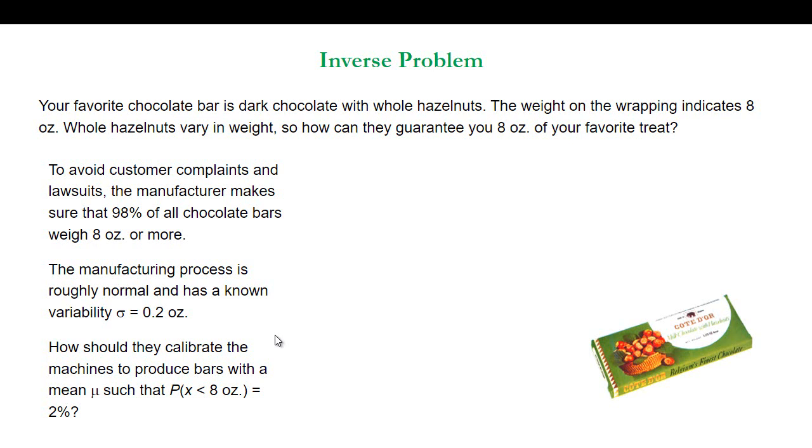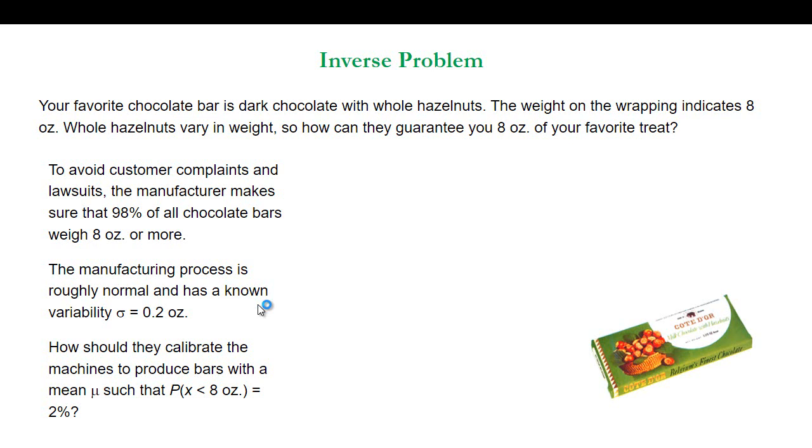Knowing that your manufacturing process has this variability in weight given by sigma equal to 0.2 ounce, the question is, what mean weight of the bars will ensure that no more than 2% of the bars will weigh less than 8 ounces? So how do we answer this question?